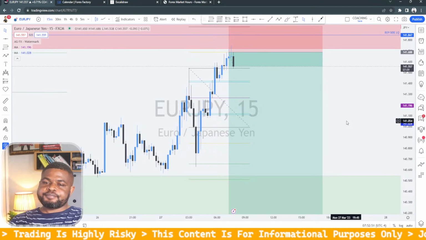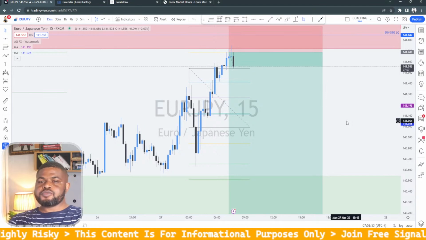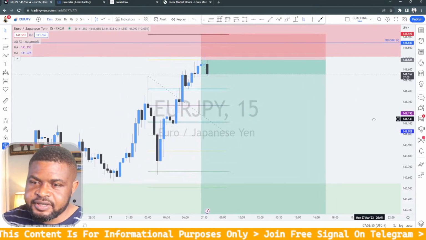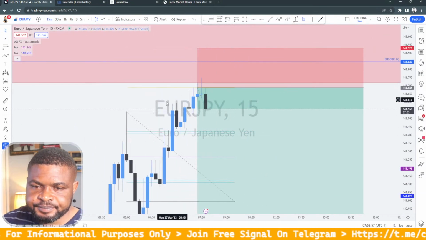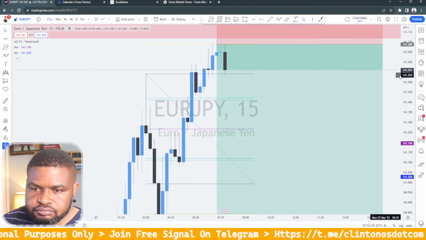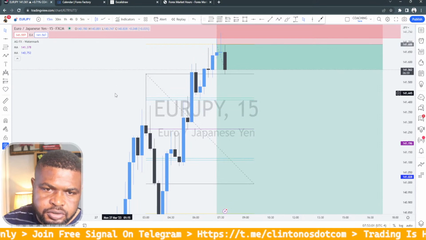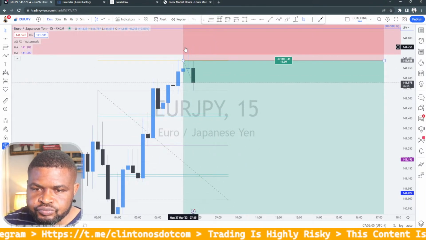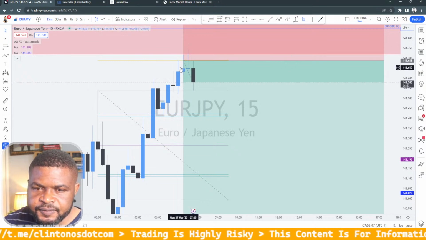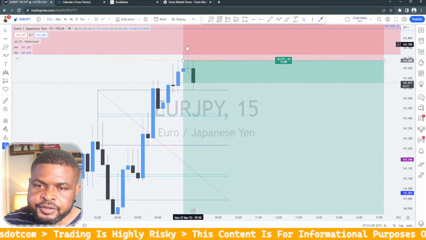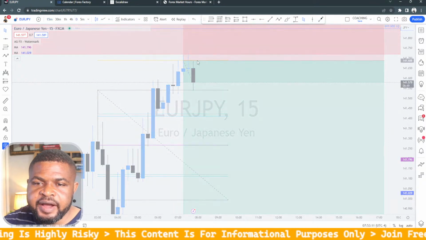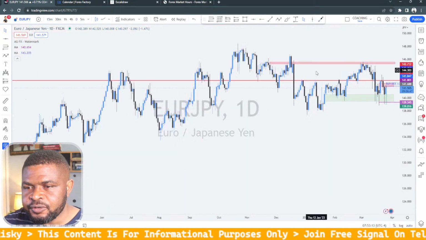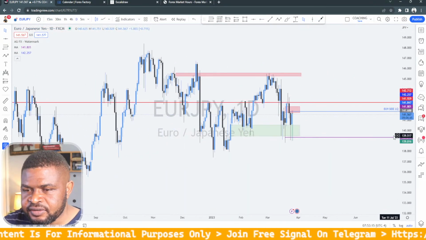All right. Price is behaving as I expect. Euro JPY. This is a swing high. Price is kind of forming a swing low around the supply level that I noted, right?